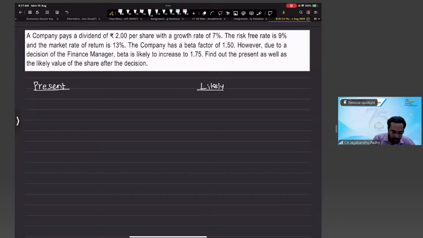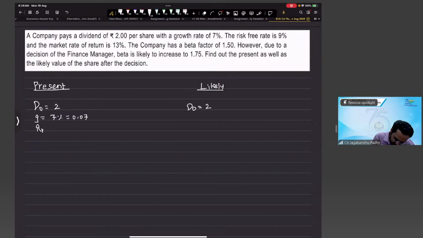The company pays a dividend, so obviously it has been paid. So D0 is 2. Growth rate is 7%, or 0.07. In the likely situation, D0 is also 2.